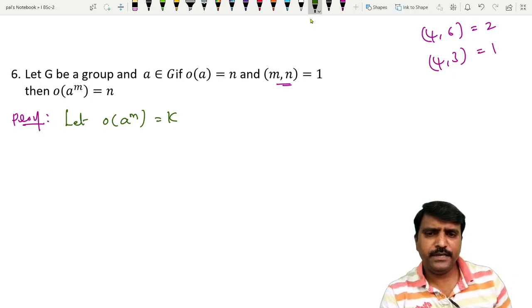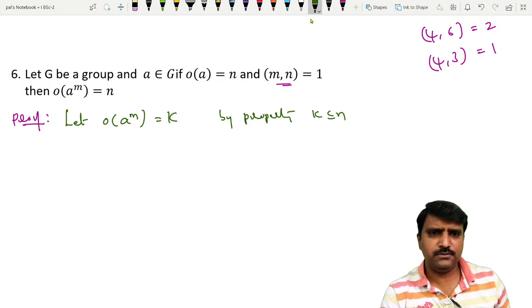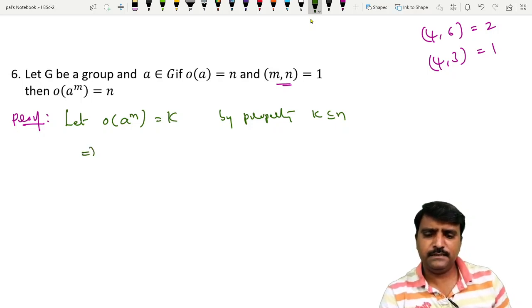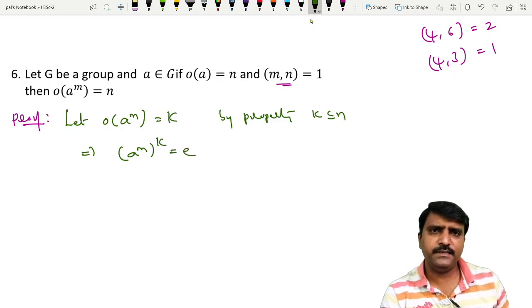So by the property, K is less than or equal to N. Which implies that if the order of A to the power of M is K, then A to the power of M whole to the power of K should give the identity element.